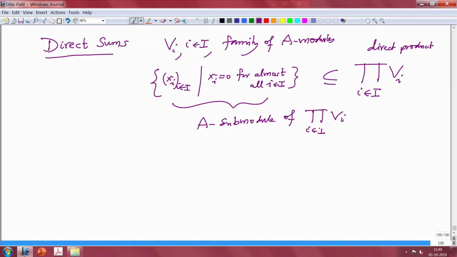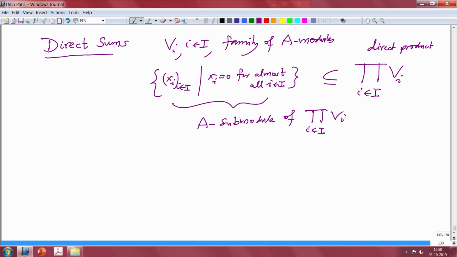That is very easy to check, because you need to check that it is a subgroup of this under addition and it is closed under scalar multiplication. But scalar multiplication is just pushing it inside componentwise. So, if some component is 0, then scalar multiplying it is also 0. So, this condition is already satisfied. Similarly for sum, and similarly for the negative of the tuple. Therefore, this is a submodule of the direct product.